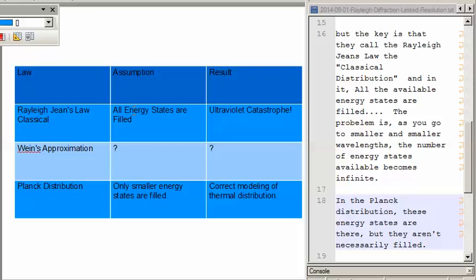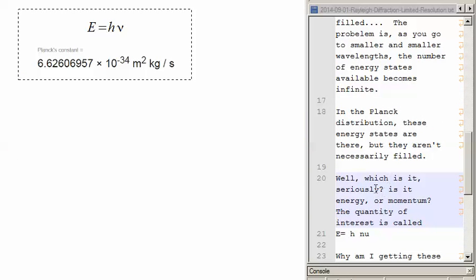Now I'm going to come back in here and change this to momentum states, because I think that is a more accurate word for this. Well, which is it, seriously? Is it energy or momentum? The quantity of interest is called h nu, E equals h nu.